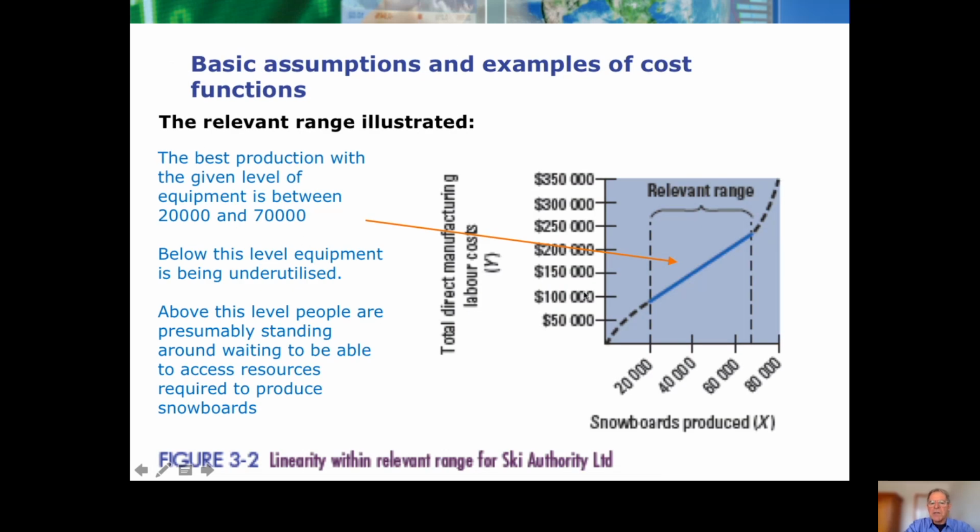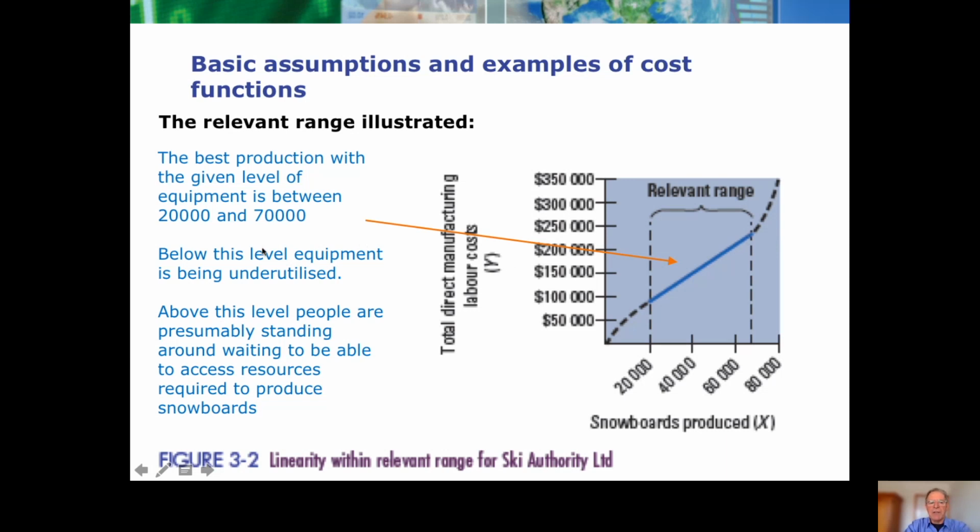Here we've got an example, from the textbook, where we're producing snowboards, and we've graphed the total cost curve. It looks like the relevant range that we're interested in, where we can hold costs constant, is between 20,000 and 70,000; variable costs seem to be reasonably constant.